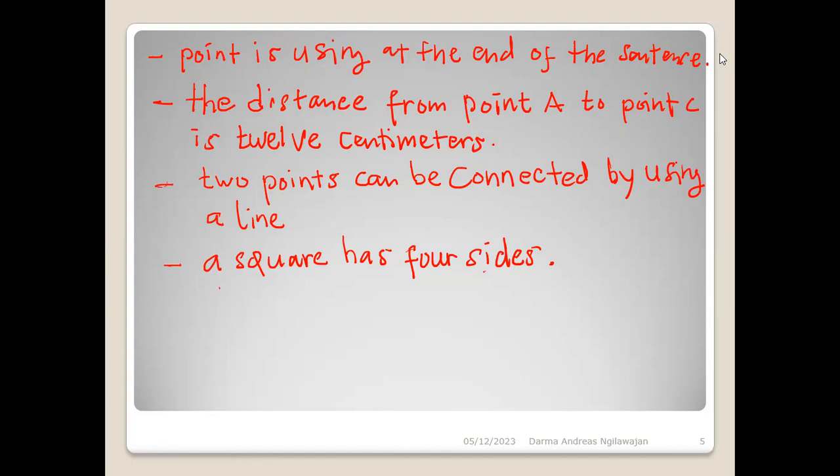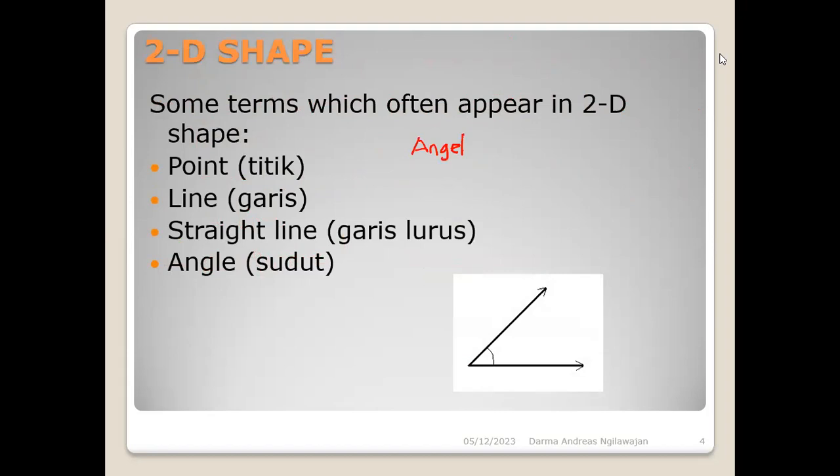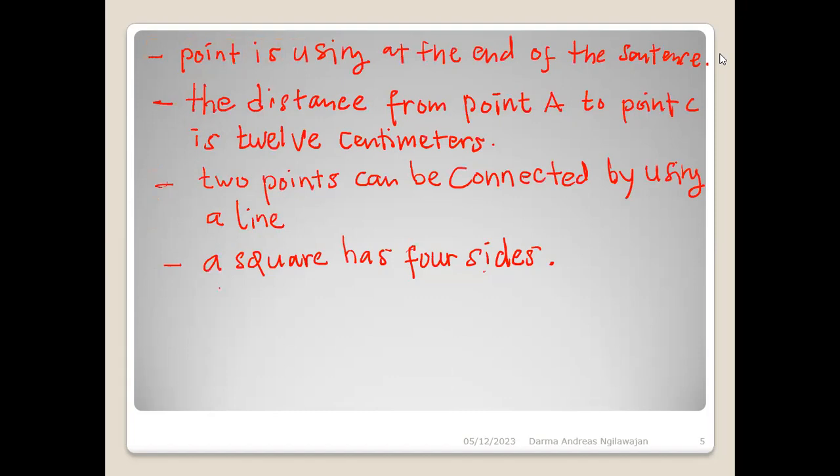These are examples of sentences using those terms. Point is used at the end of a sentence. Titik digunakan di akhir kalimat.